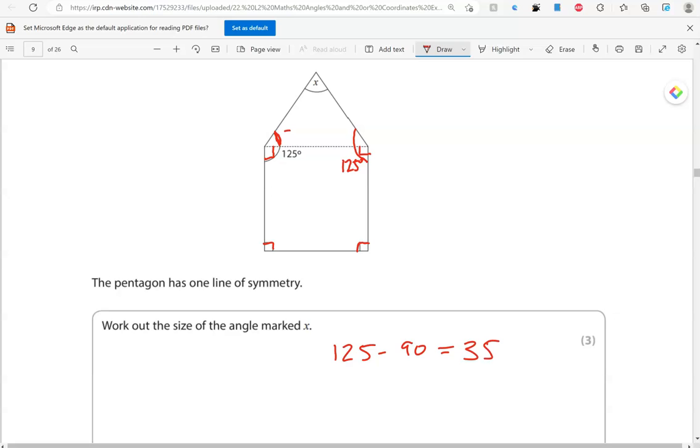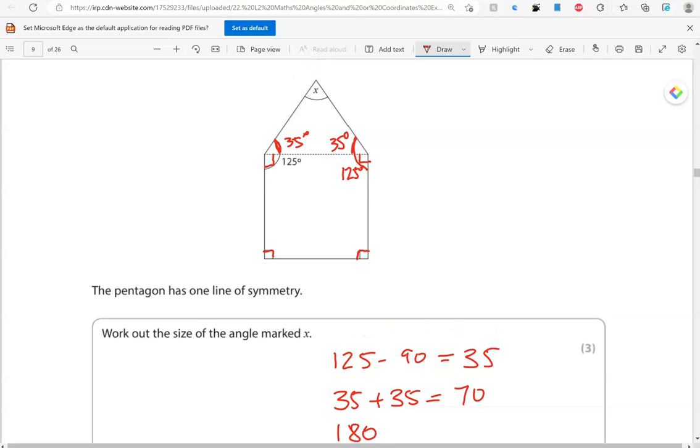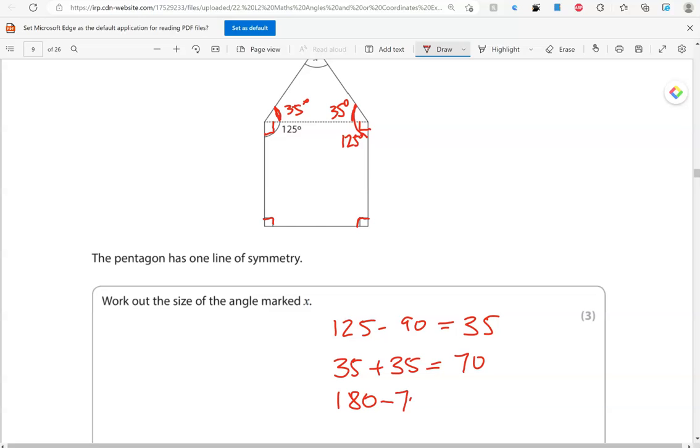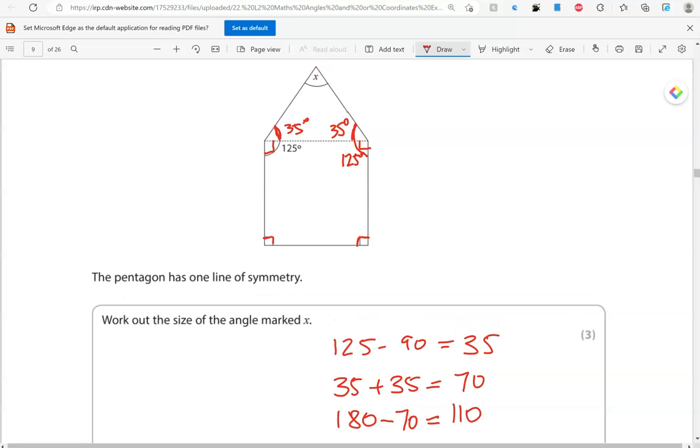So this is 35 degrees. Same thing on the other side, so this here is 35 degrees. Now 35 and 35, that gives us 70. So 180, which is all the angles inside the triangle, take away 70, gives us 110. So that's what angle X is equal to.